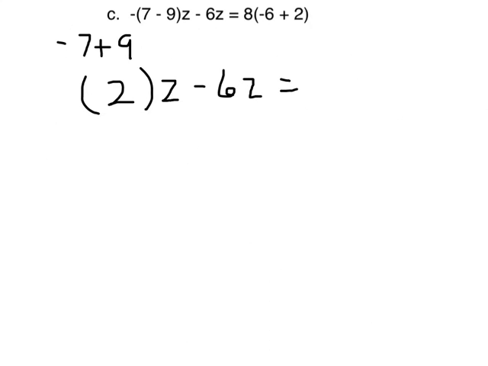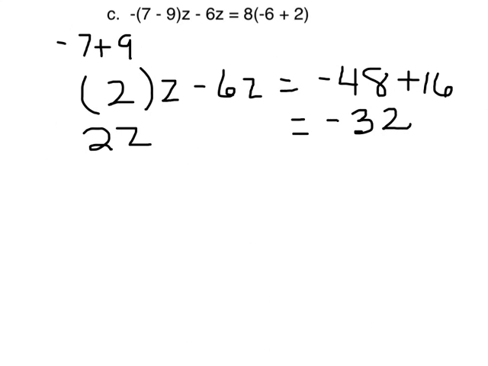8 times negative 6 is negative 48. And 8 times 2 is 16. And here I've got like terms also. Negative 48 and positive 16 equals negative 32. And here I have 2Z minus 6Z.